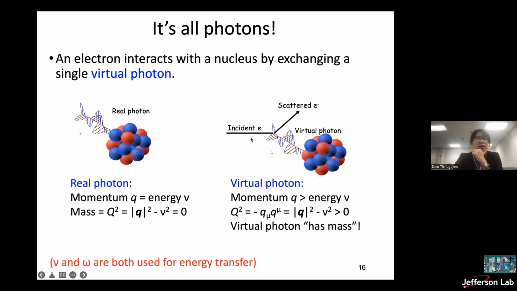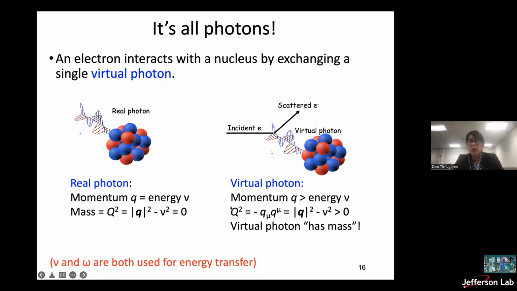So a little bit more about the photon. I mentioned earlier that the incoming electron interacts with the nucleus by a virtual photon. So what exactly does virtual photon mean? When you talk about the photon, you think of it as having zero mass, right? But the virtual photon is slightly different. Here the momentum of that photon is larger than its energy.